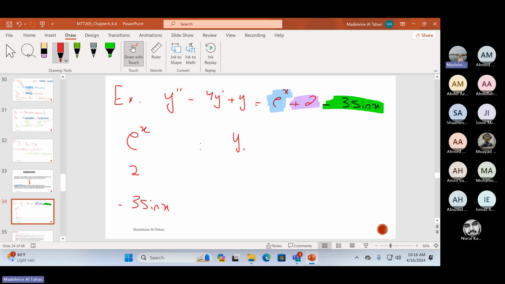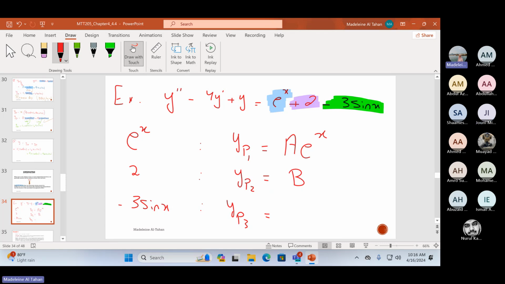For e^x, we will have a first particular solution, here a second particular solution, and here a third particular solution. e^x means that we are having a e^x. Do we agree? Yes. The 2 means that we are having a constant. I used a here, do I use it again?